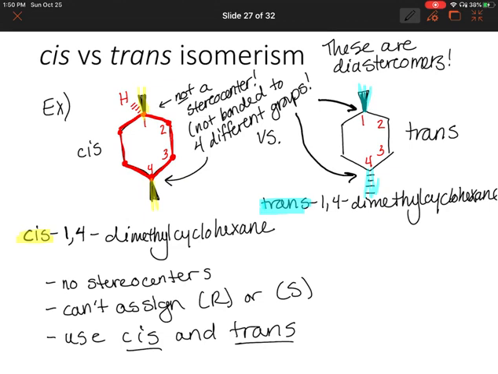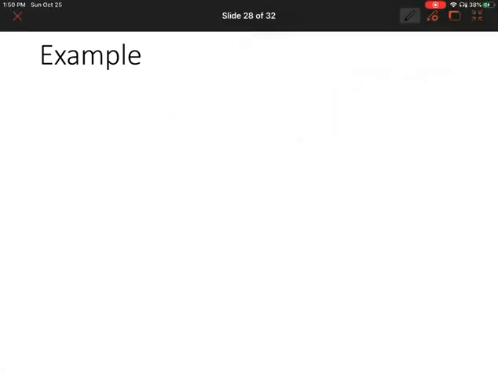Okay, so we've talked about these two molecules enough. Let's go to another example. So in this example, we're going to look at two molecules again. So this first molecule, I believe we've seen before.